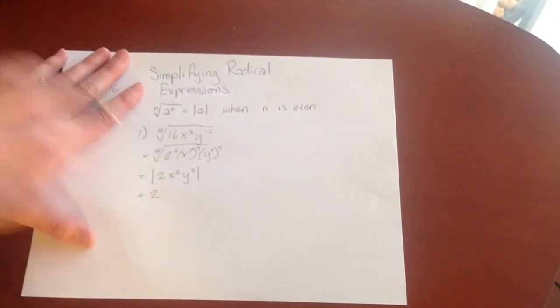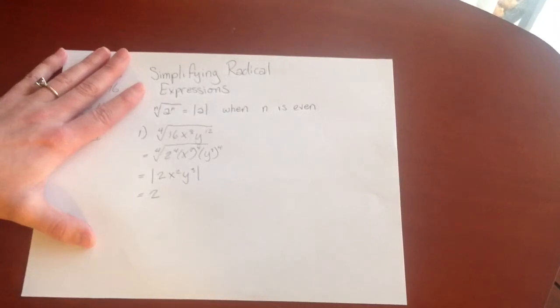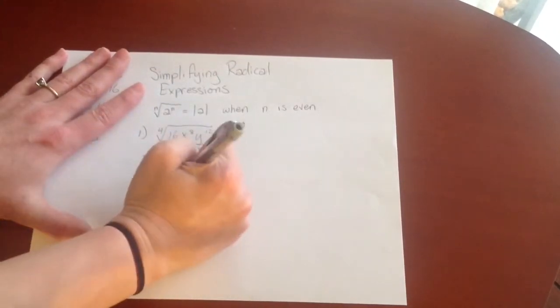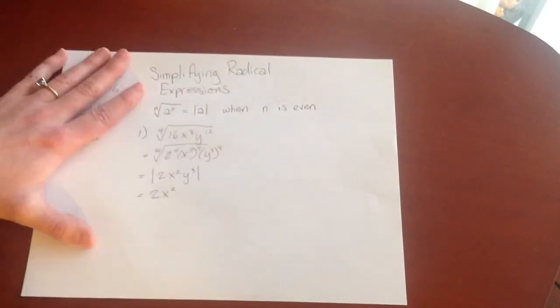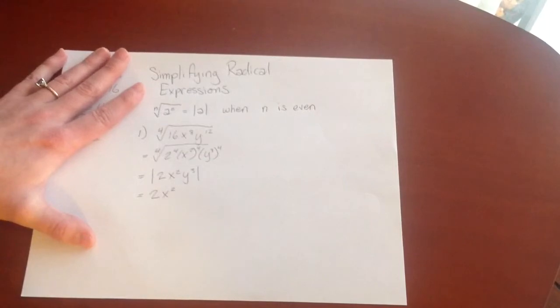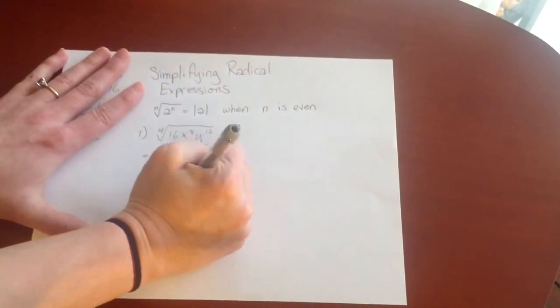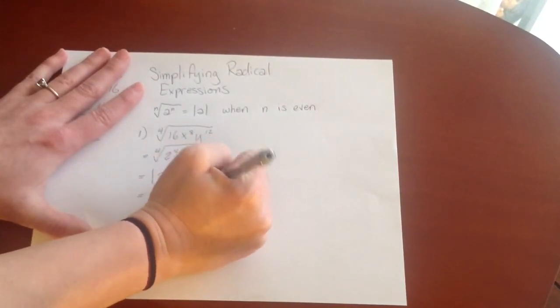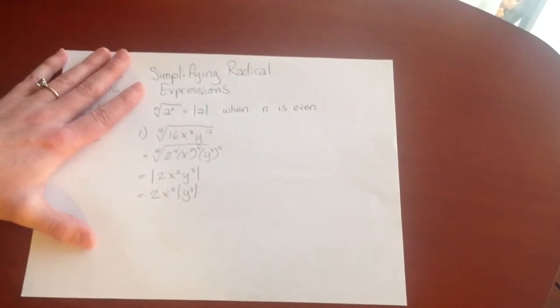So it really doesn't matter what x is. x squared will always be positive, so we can also pull that out of the absolute value. And we have a y cubed left to consider. If y is negative, y cubed is also negative. So we can't pull it out of the absolute value because in the end I want just a positive result. So that y cubed stays in the absolute value. And this is our final answer.